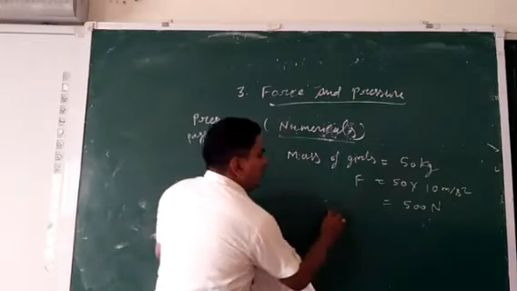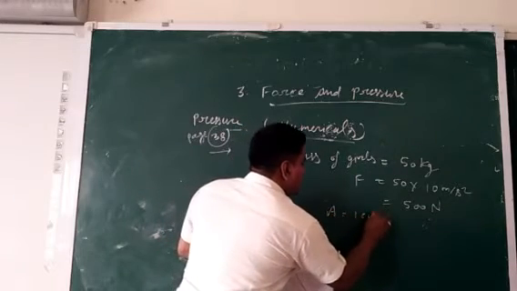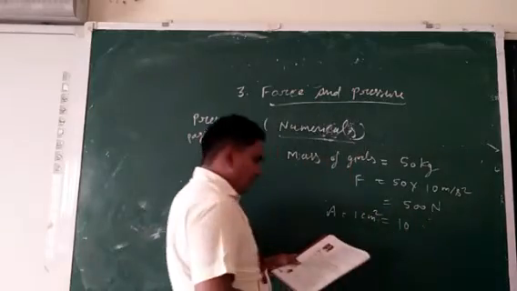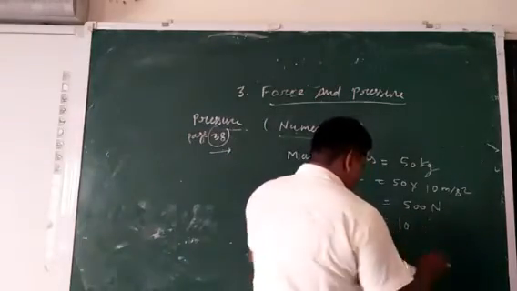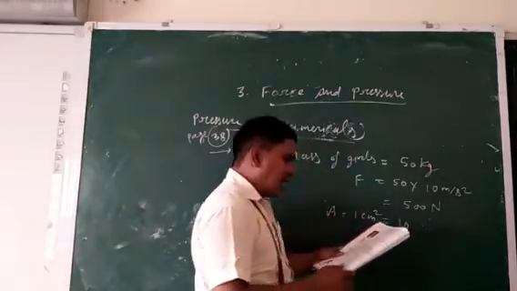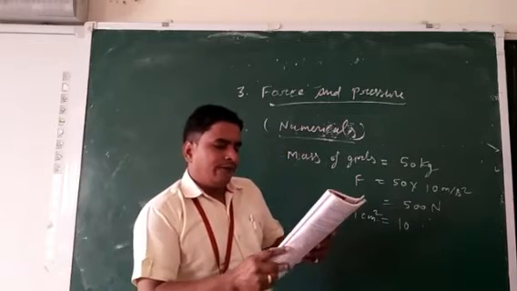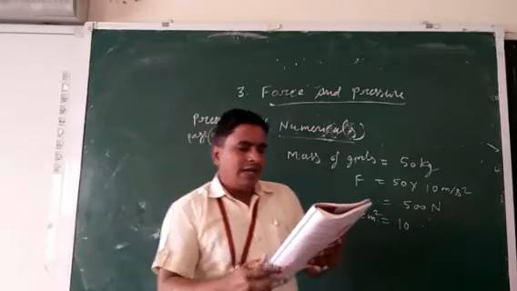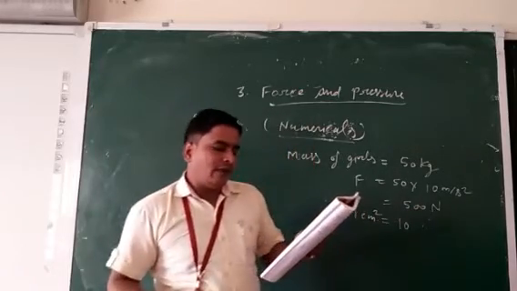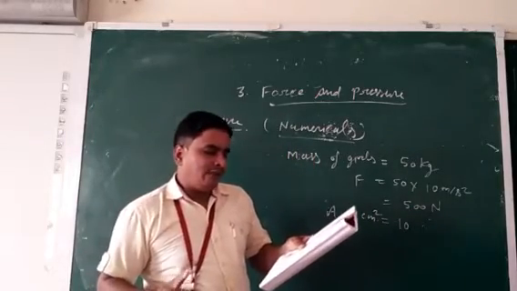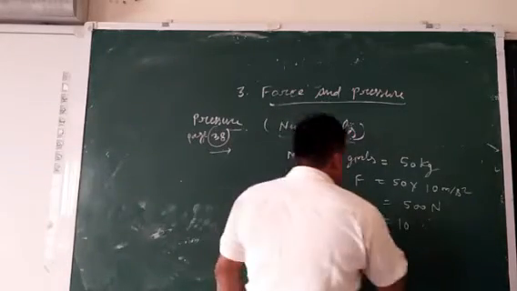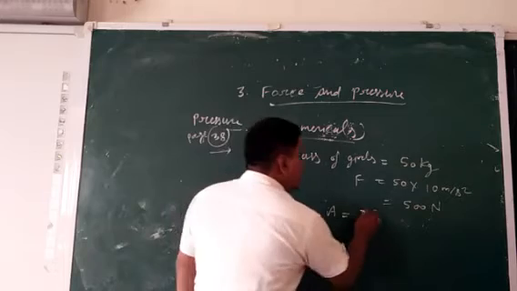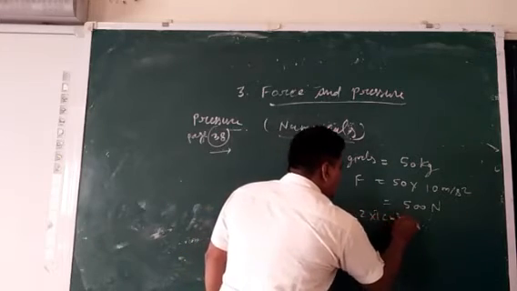Area of cross section of one heel is given, 1 centimeter square. So for two heels, the area is 2 into 1 centimeter square.